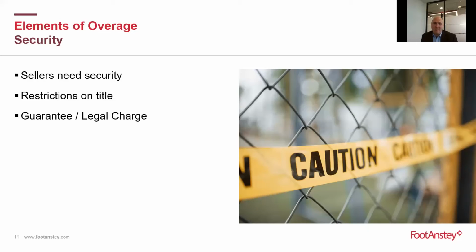The most common method of securing an overage payment is a restriction on title, which prevents the seller from disposing of the property unless either overage has been paid or other certain requirements have been met. However, the parties could also agree guarantee provisions as security, or even a legal charge to secure any overage that is payable.